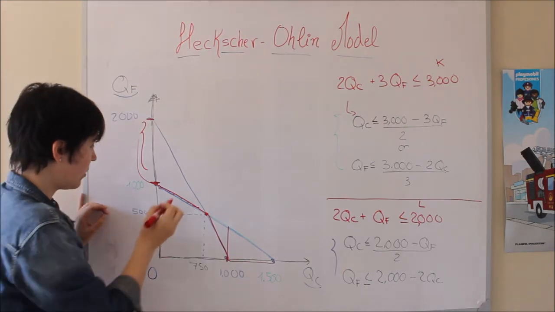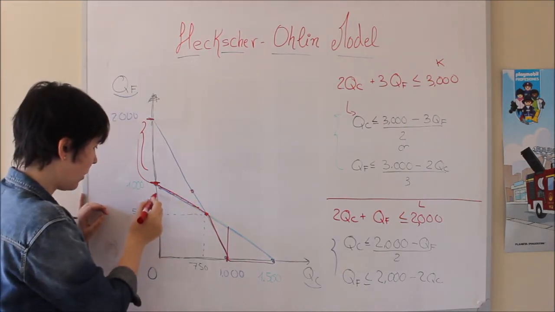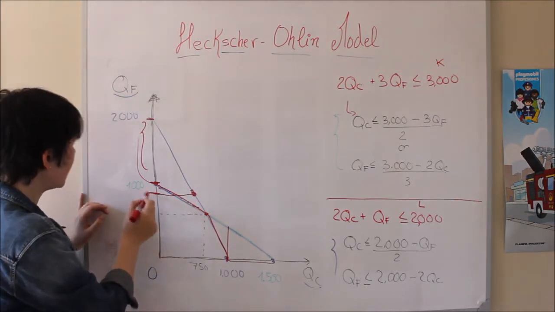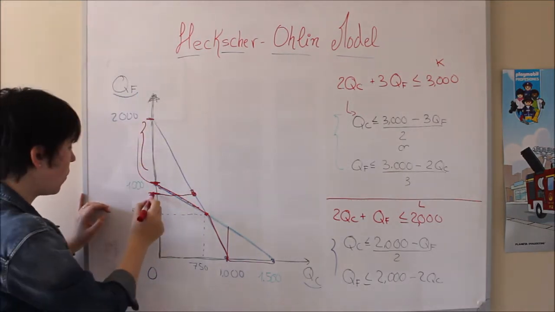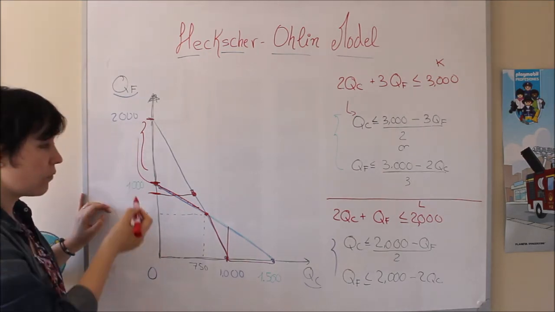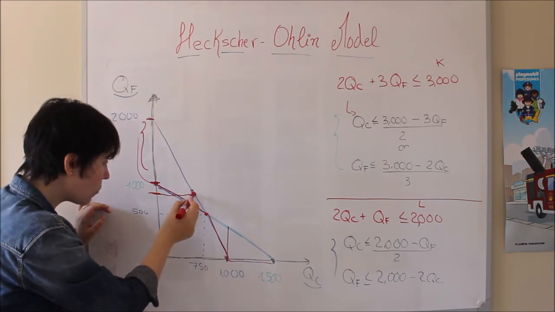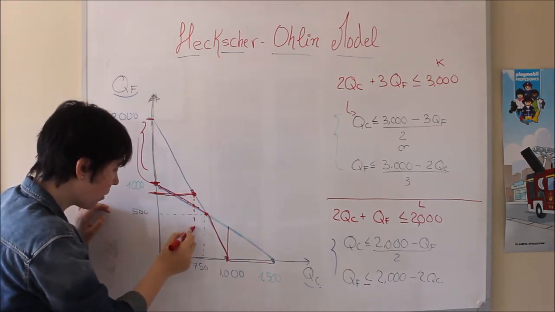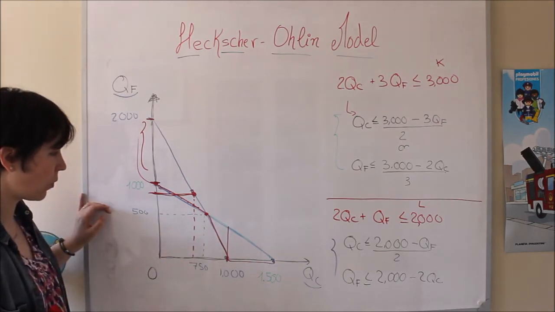The problem of this is, a point like this is, well, here we have the quantity of food, this quantity is possible, and when we are producing food, given this one, this is not possible when we are producing clothes.